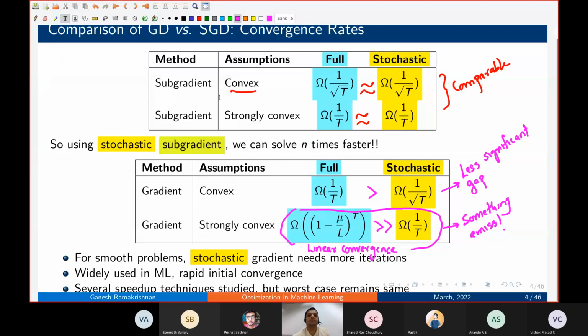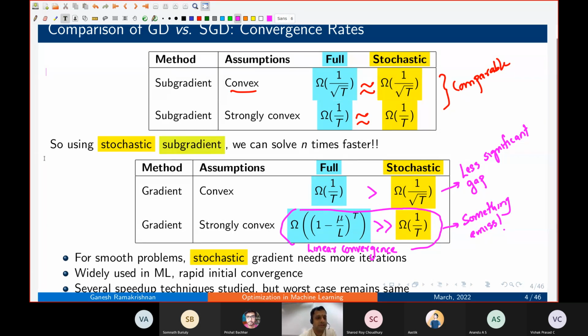In the stochastic case, the gradient computation is going to be much cheaper, right?